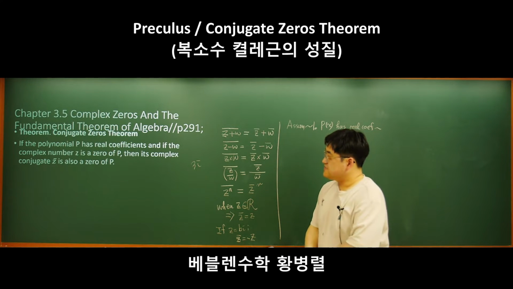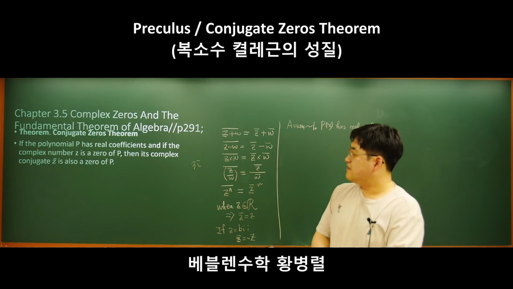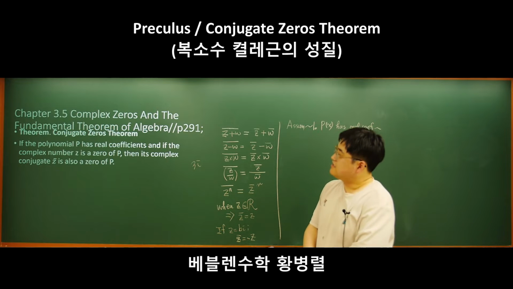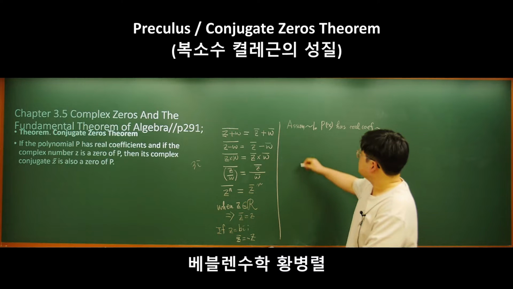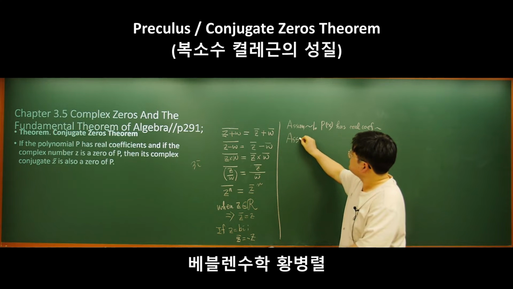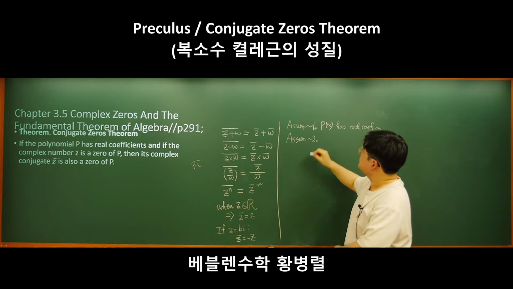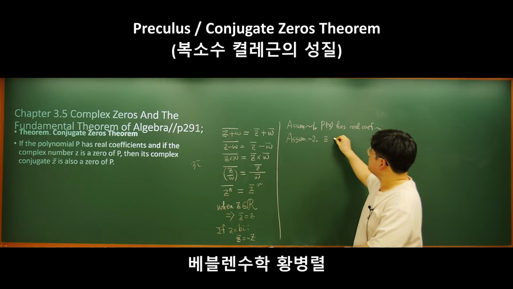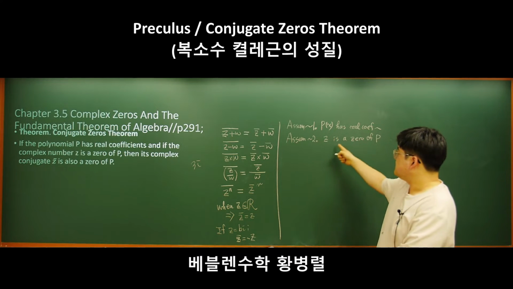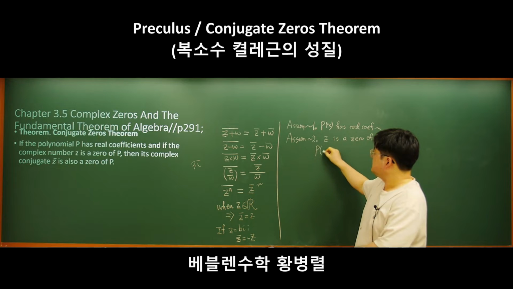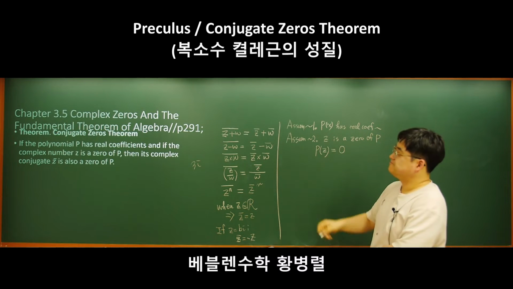This sentence means that all coefficients and the constant term are real numbers. And assumption 2 is z is a zero of p. This sentence means that p of z is equivalent to 0.